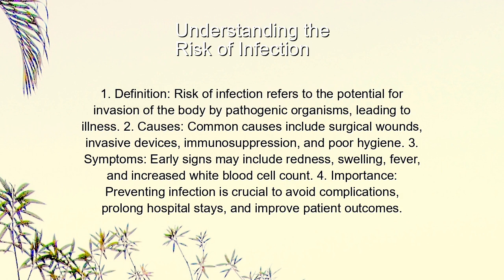Three, symptoms: early signs may include redness, swelling, fever, and increased white blood cell count. Four, importance: preventing infection is crucial to avoid complications, prolonged hospital stays, and improve patient outcomes.